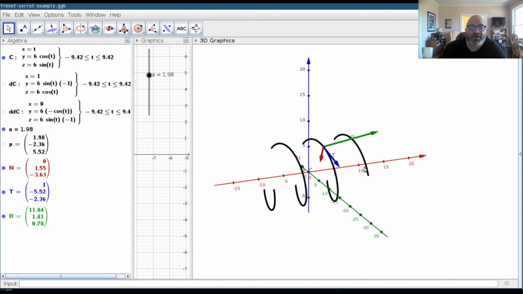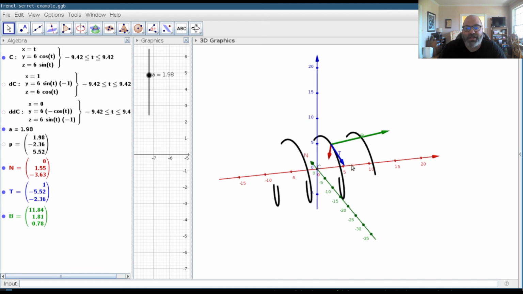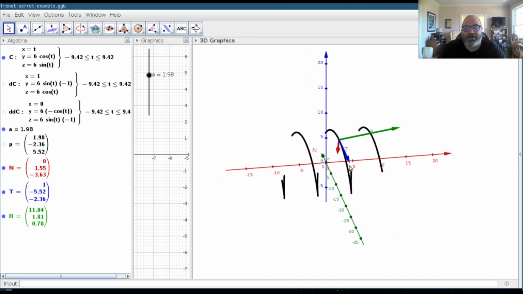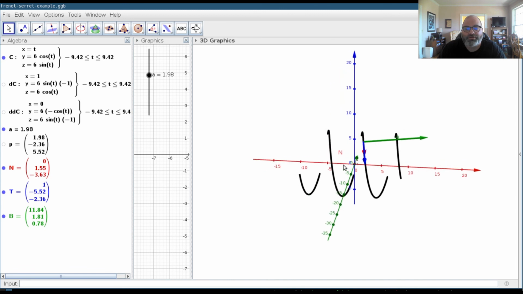What we drew before, we've got our unit tangent vector being this blue one in the direction of the curve. We've got our unit normal vector that's perpendicular to that. And if we imagine that we're in the plane of this curve, parallel with our normal and our tangent, then we've got this green vector that's our binormal vector.